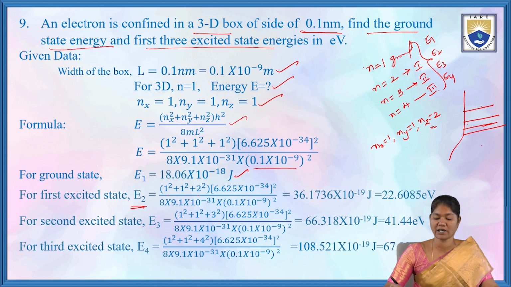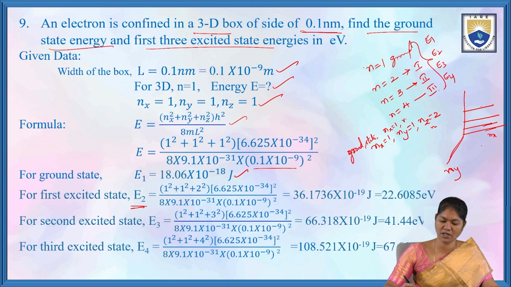Likewise, we have to calculate the energies. But here nx and ny are the same. So for the ground state, nx equals 1, ny equals 1, nz equals 0, so that we'll get the ground state energy.